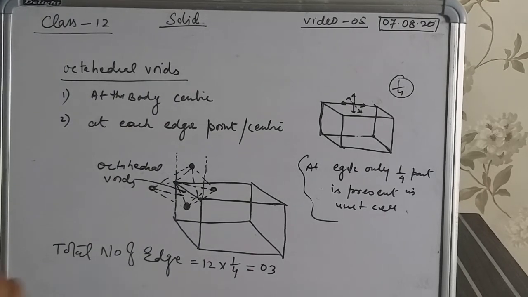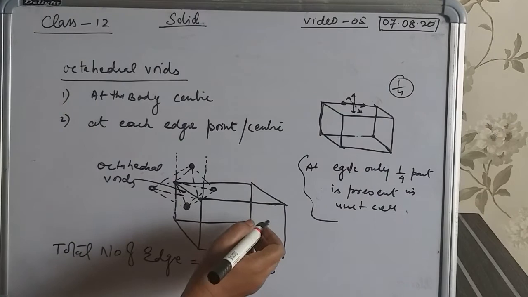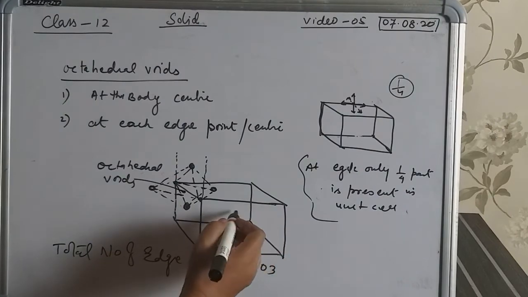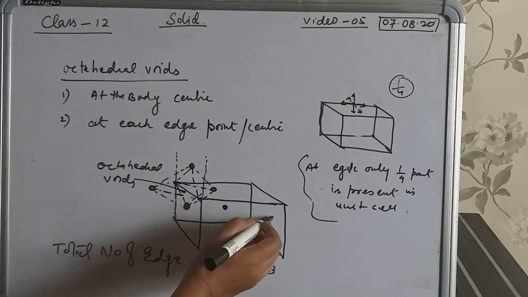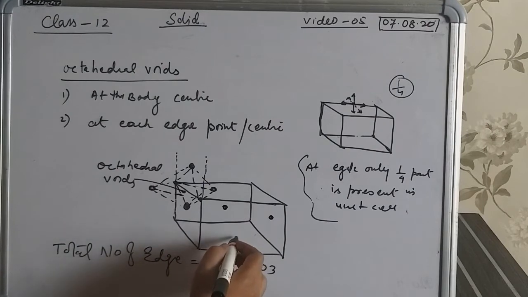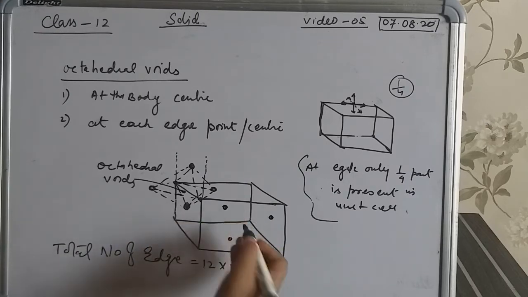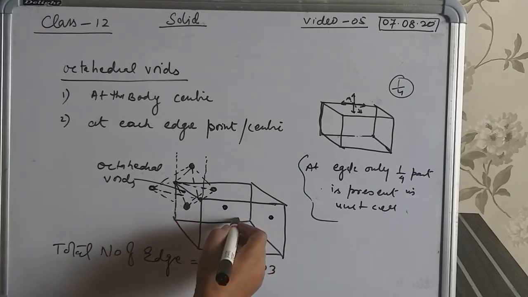See here, suppose 1 is present at this particular backside face, because it is FCC, 1 atom back and 1 from the front face. This is the front face.